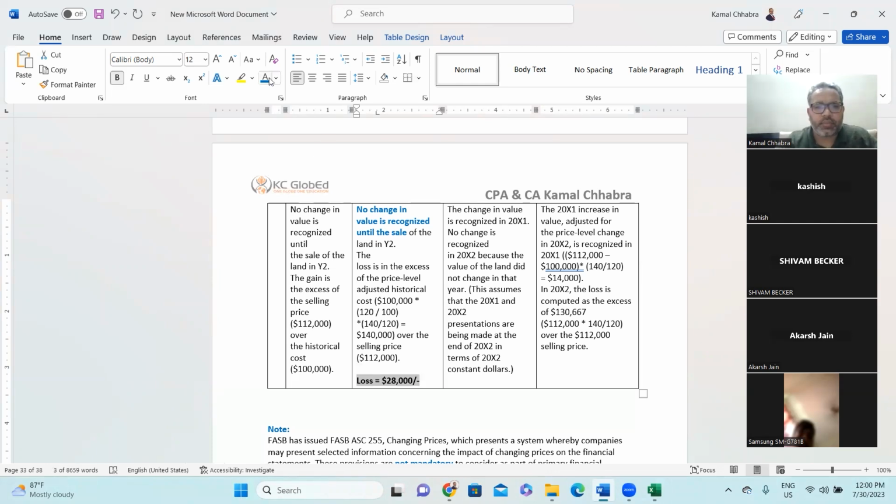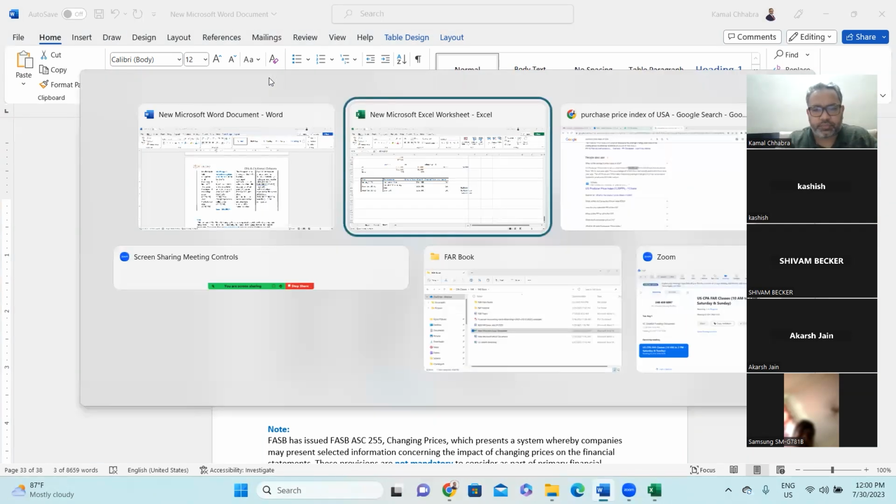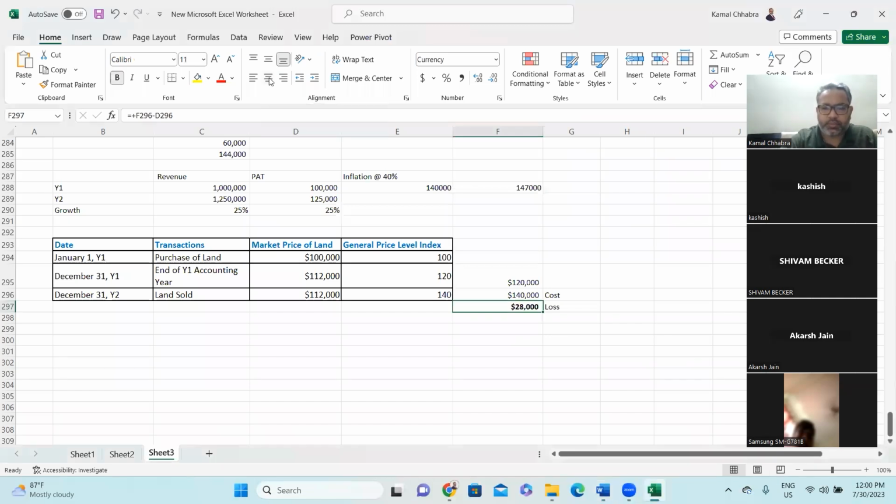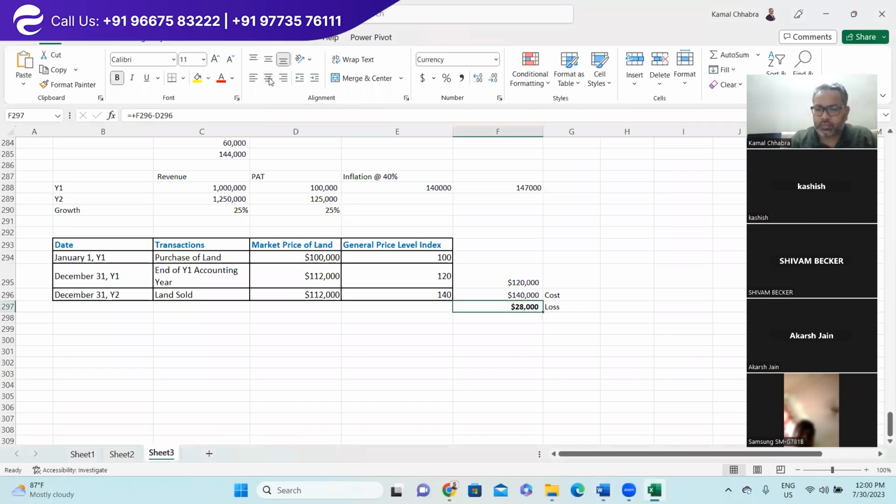Make sense? सर ये 28 की फिगर कहाँ से आई है मतलब, this one. So the first year, the historical cost update should be 120, and year 2 it should be 140. And now your book value is 140, right, as per the general price method, and you are selling at $112,000.